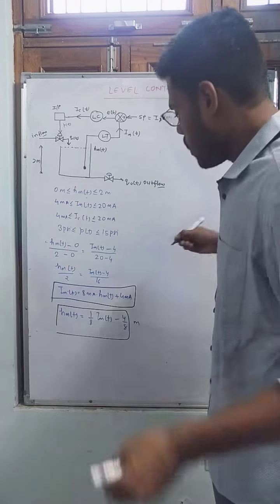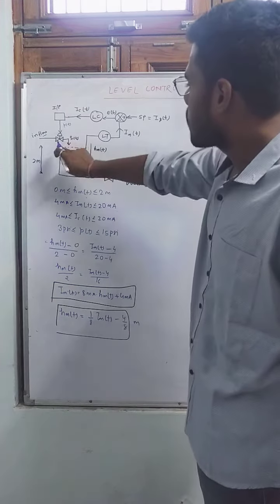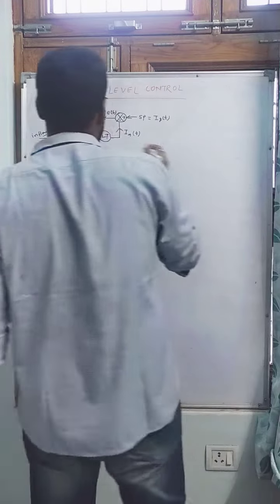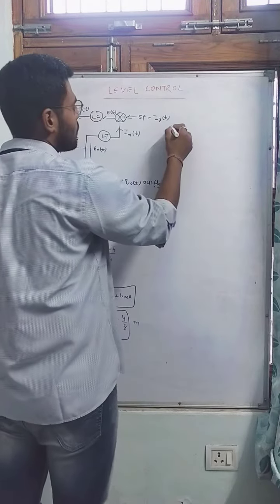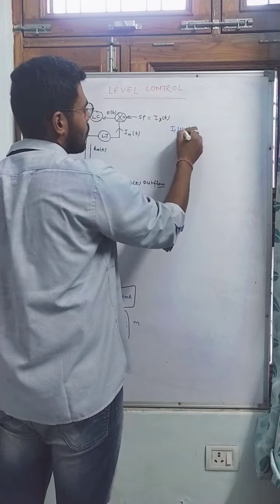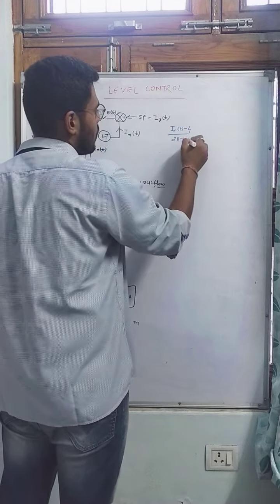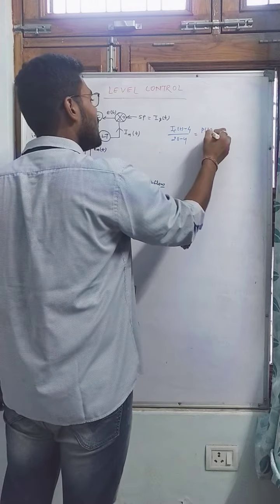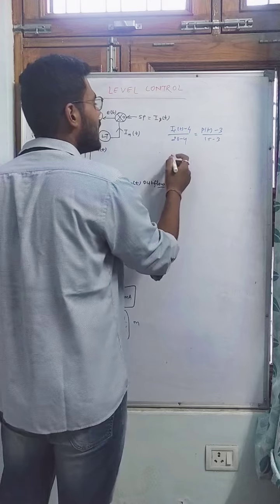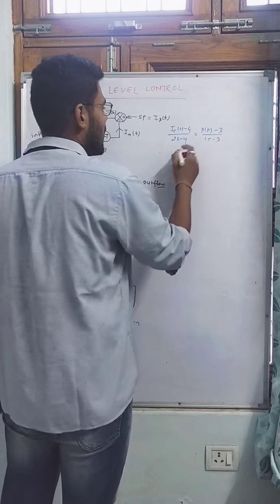Similarly there is a relation between this pressure PT and ICT. What is that relation? ICT minus minimum of ICT, which is 4, by 20 minus 4 equals PT minus 3 by 15 minus 3. From here, if you get ICT, you can calculate PT. What is PT?